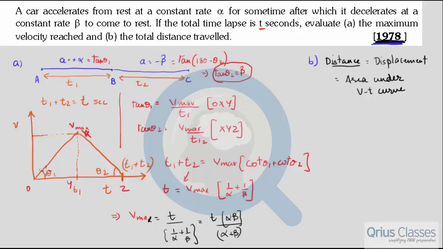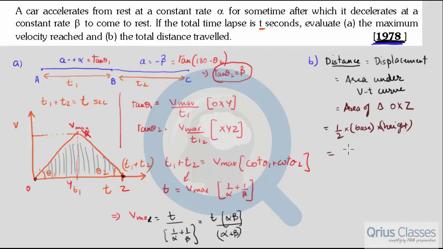The total area under this curve, the shaded part, is the area of triangle OXZ, and the area of a triangle is half of base into height. The base of this triangle is the time axis, the complete interval t1 plus t2, which is t.